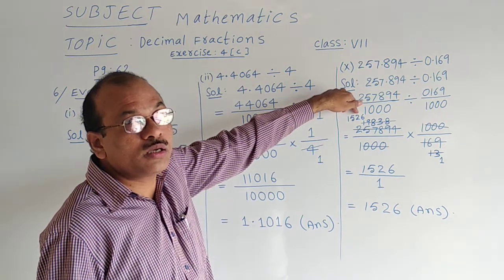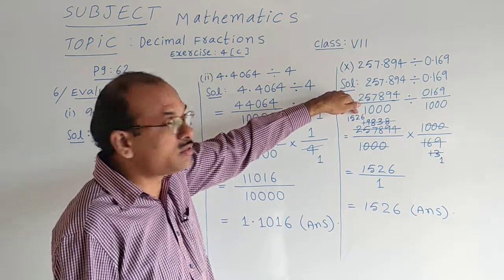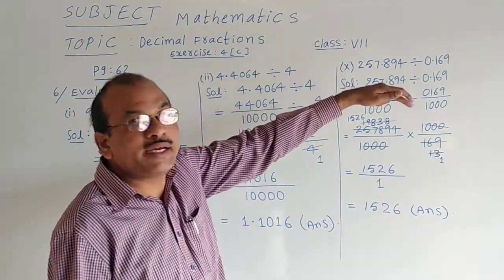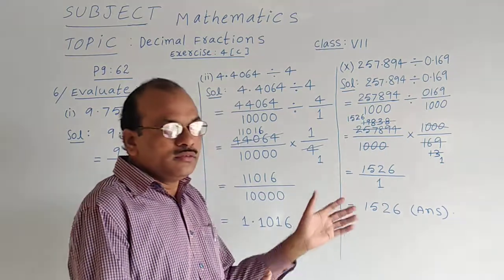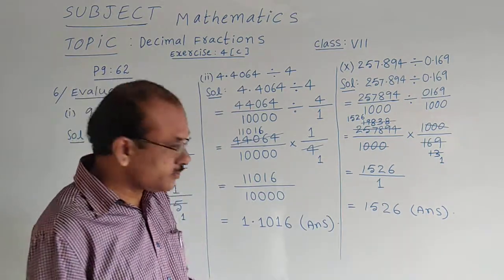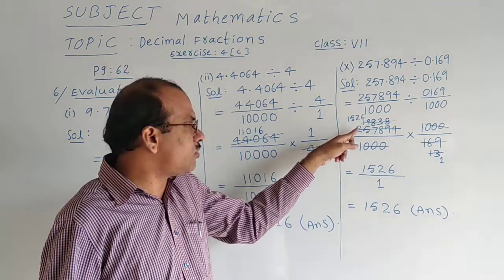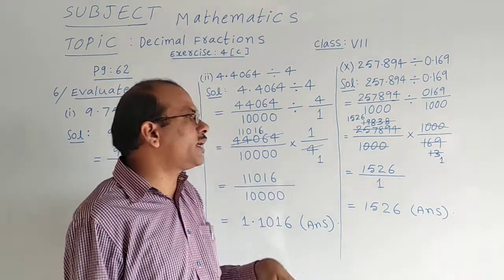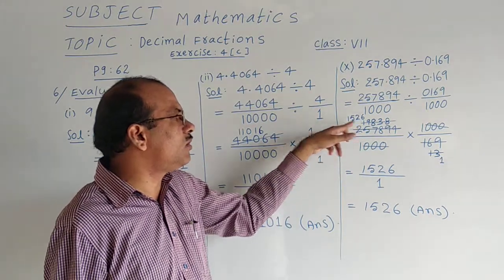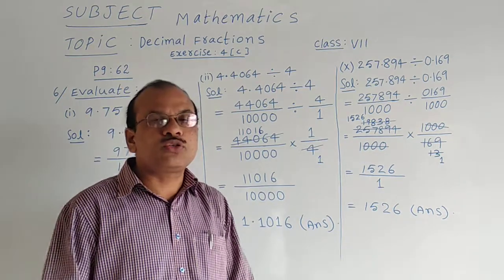In 33, 26 is filled. Then 7 is left. 7 and 8, 78 side by side. 13 sixes are 78. To make it easier, divide this first with the 13th table. In the quotient you will get 19,838. Afterwards, divide again with the 13th table. In the quotient you will get 1526. That much only we will get.